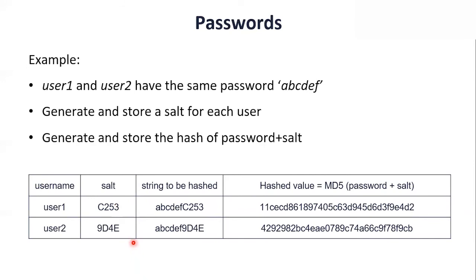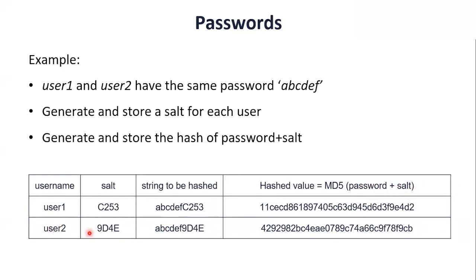Now instead of directly hashing the password ABCDEF, we add this salt value to the end of the password. So ABCDEF becomes ABCDEF C253 for this particular user. Then we hash this entire value and store the hash value here. So this would be the hash value of the password plus the salt.